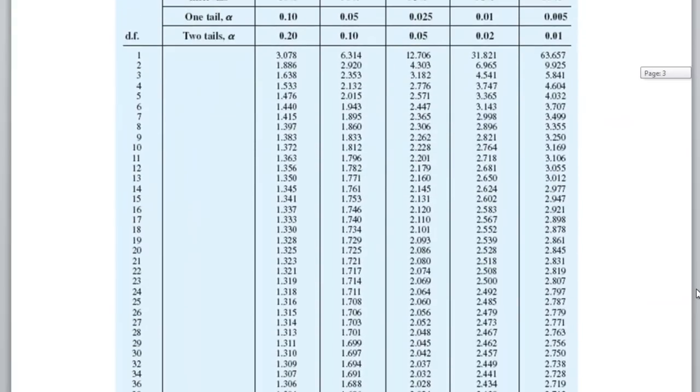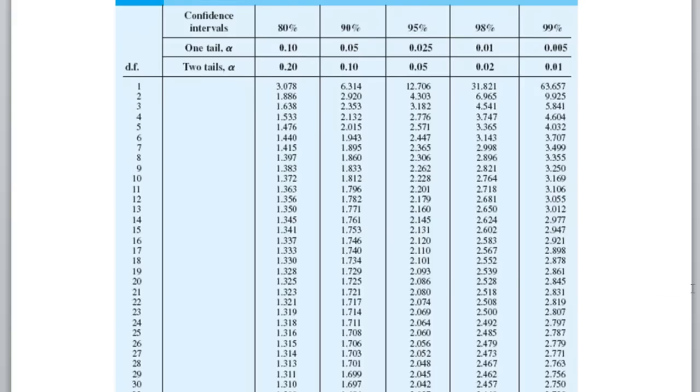So we're looking where our degrees of freedom is 9, and we're going to go across the table, and remember we're choosing a two-tail test, and that two-tail test is going to want an alpha of 0.05. So we're going to find that the value straight across and straight down here is going to be 2.262. But since it's a two-tailed test, we want positive 2.262 and negative 2.262 to be our critical values for the critical region.